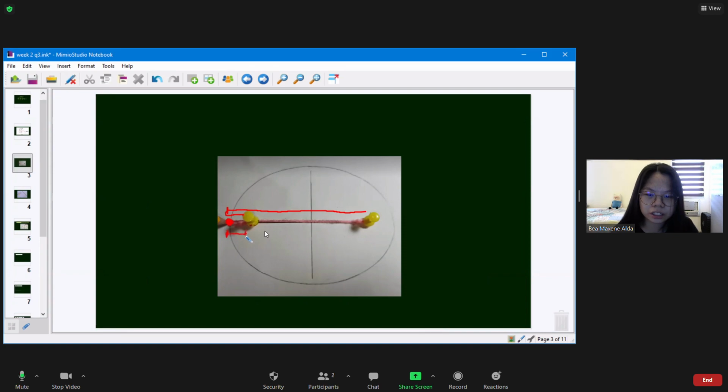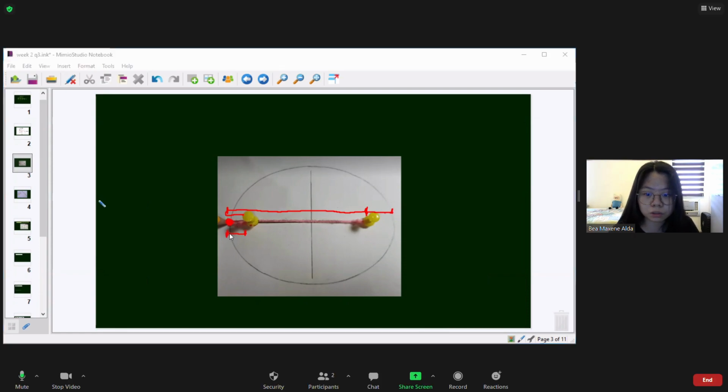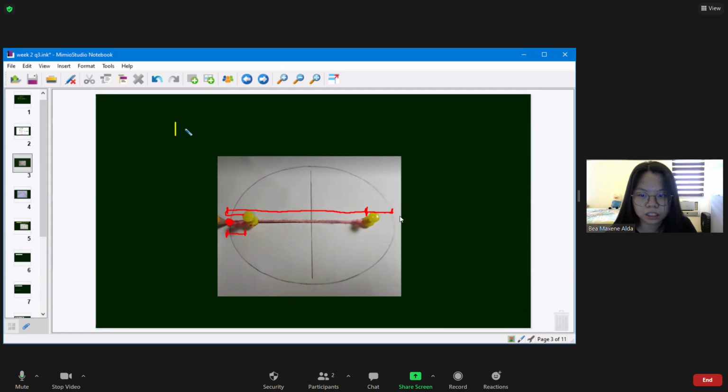The string actually looks like this, the length of the major axis, right? Kasi yung pinag-U-turn na natin, ilagay natin sa kabila, ganyan. So, again, the length of the string is the length of the major axis, like so.